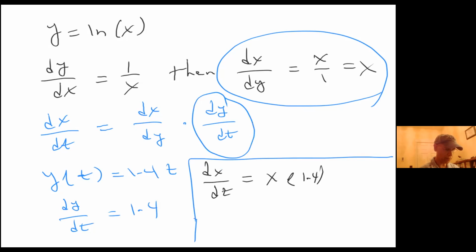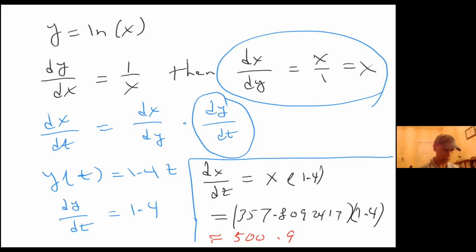So that equals, we said that x was 357.8092417 times 1.4. So the final answer is going to be 500.9329338. Okay, thanks.